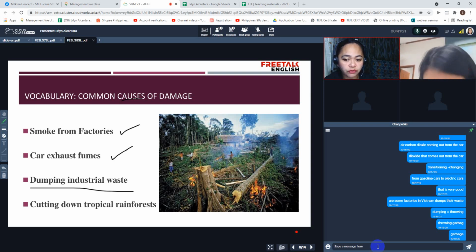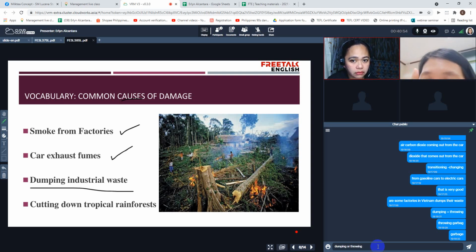Car exhaust fumes or dumping industrial waste means throwing your waste from factories into our river or the environment. Okay, do we understand dumping or throwing? So sorry, I don't know the meaning of dumping and throwing.